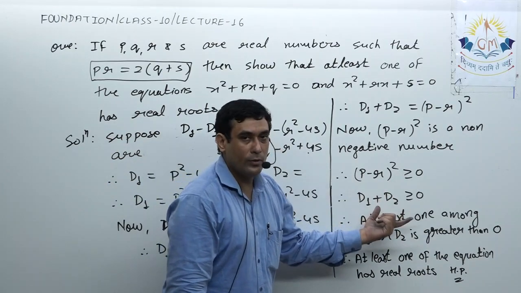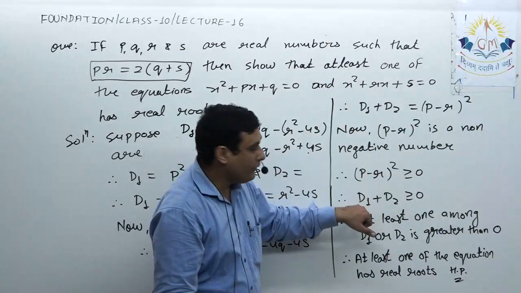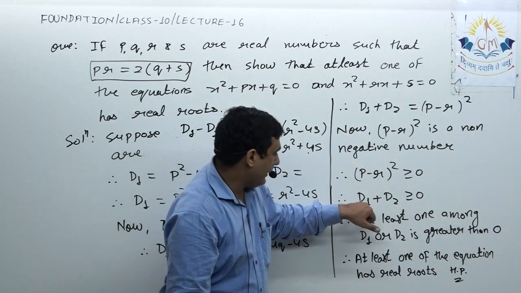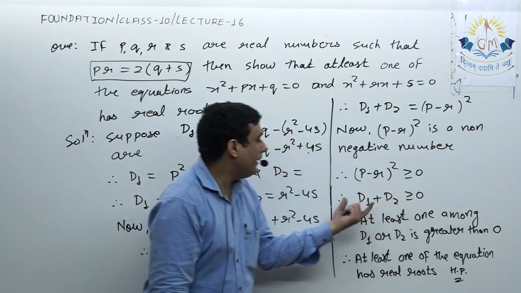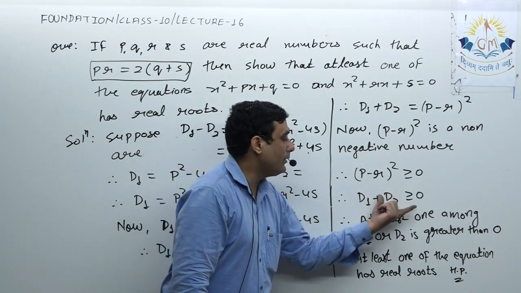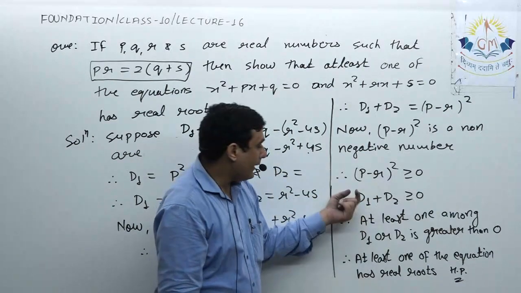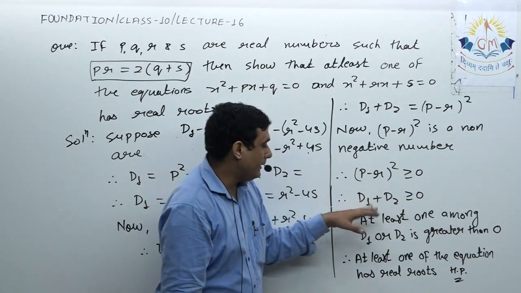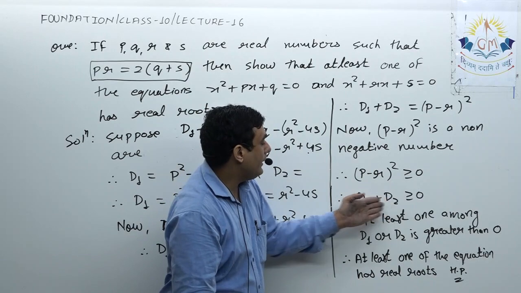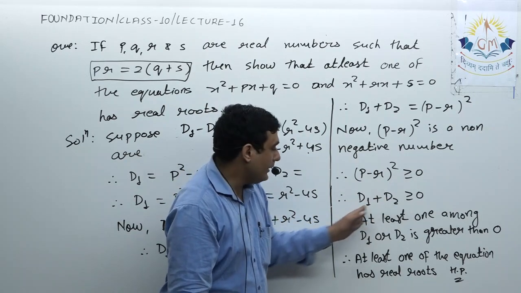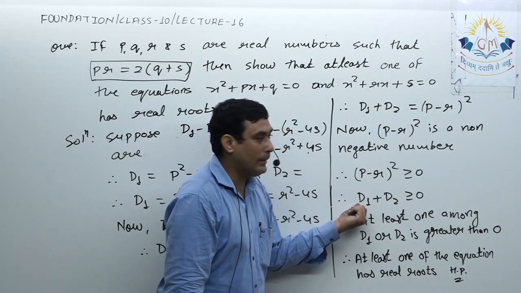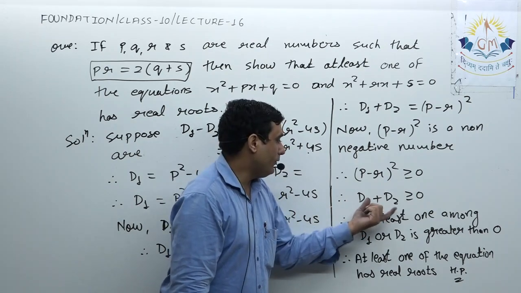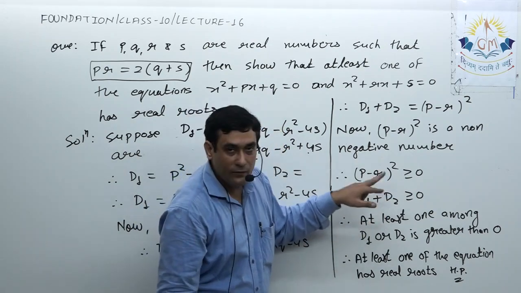You can take both positive, but definitely one must be positive. Similarly, if the sum is 0, again one must be positive. In that case the second might be equal to the first but different in sign, as in my example, plus 4 and minus 4. So definitely one is positive.